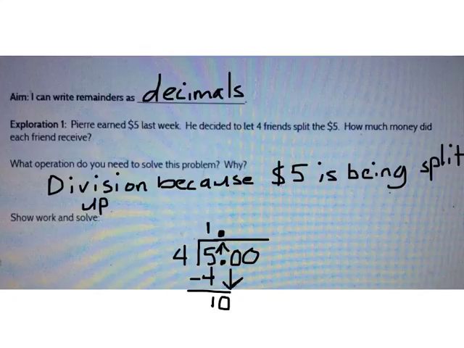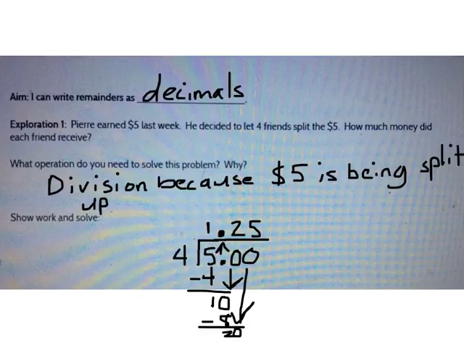How many times does 4 go into 10? 4 goes into 10 2 times. What's 2 times 4? It's 8. What's 10 minus 8? It's 2. I can bring down my 0 to keep dividing. How many times does 4 go into 20? 4 goes into 20 5 times.